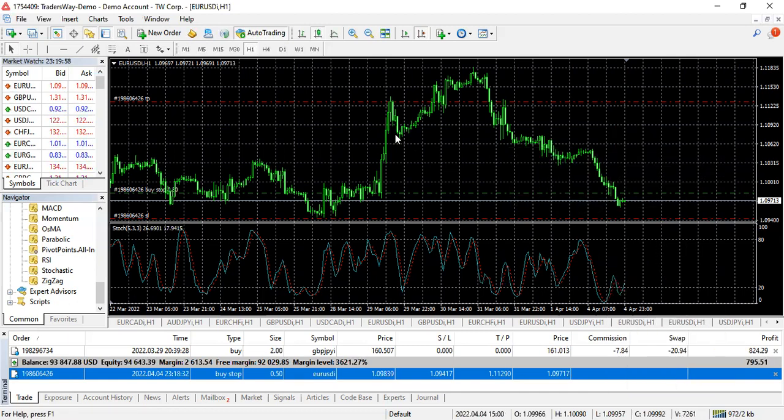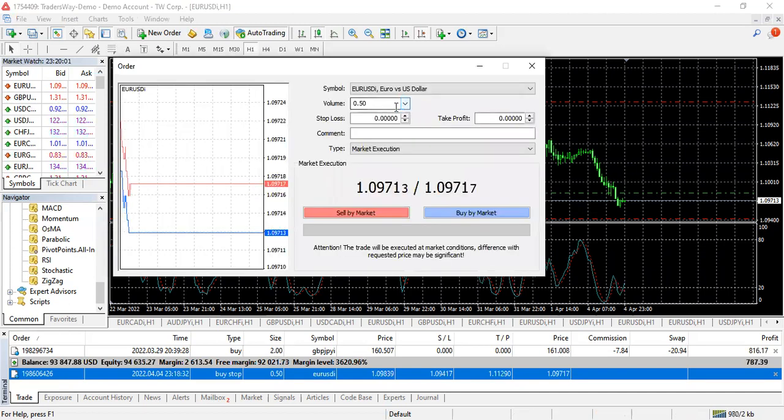New trade. Let me try 0.6. My stop loss is 1.09417. My take profit is 1.11290.